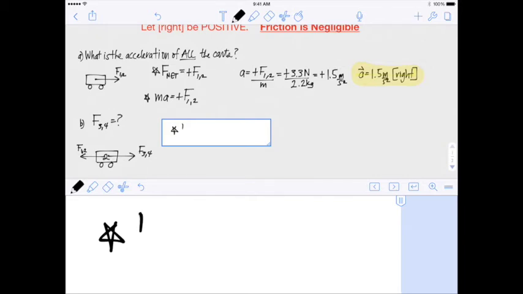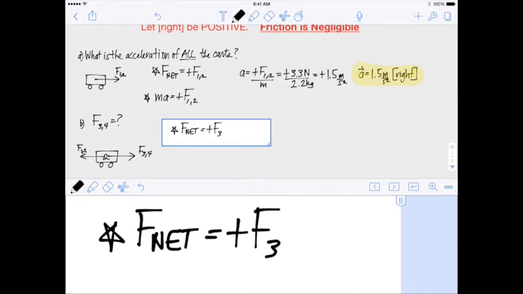Follow the same two steps. The net force acting on cart number 2 is equal to plus the force as read on sensors 3 and 4 and minus the force as read on sensors 1 and 2.